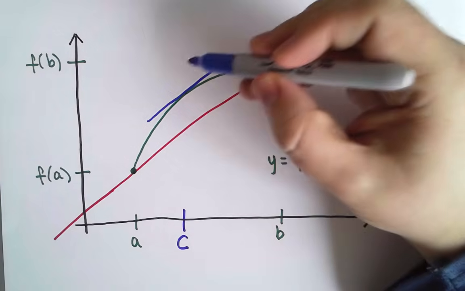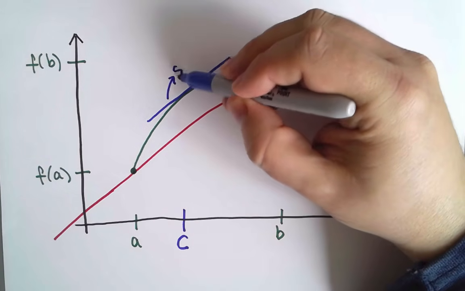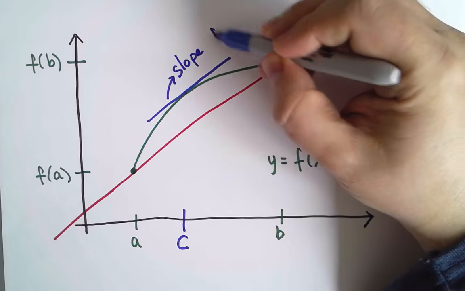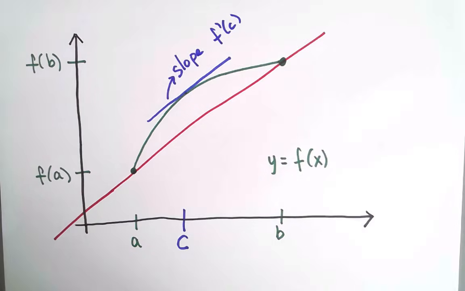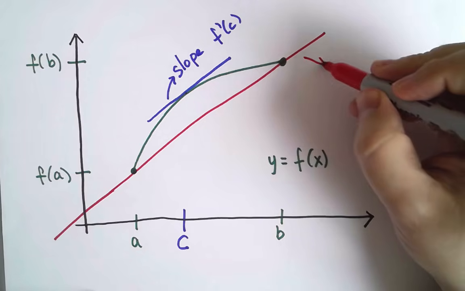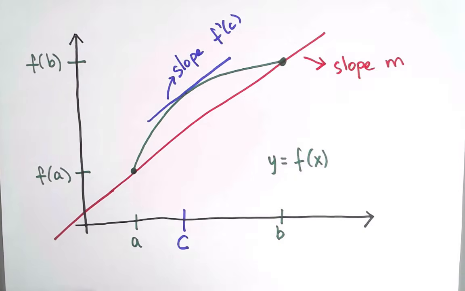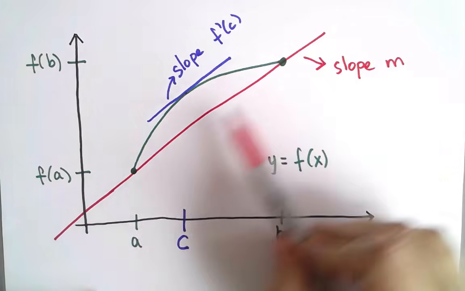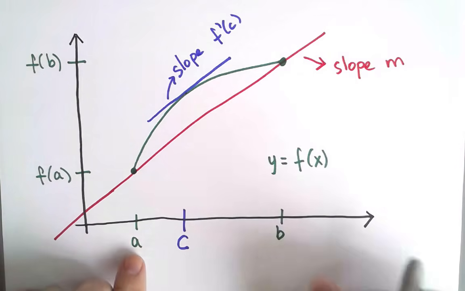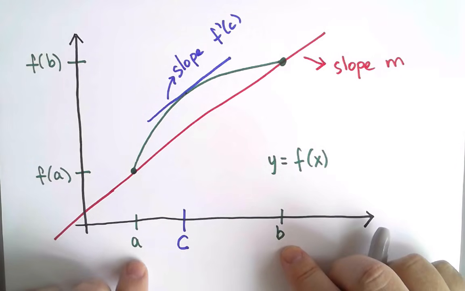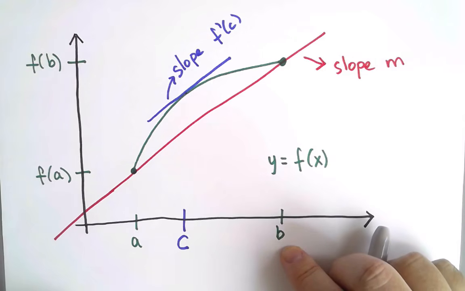Well, let's find out what those slopes are. The slope of the tangent line at this point is simply the derivative at that point. And as for the slope of the red line, let me call it m for a moment. I can actually compute it exactly. The red line is the line that goes through these 2 points, and those 2 points are the points with x-coordinate a and b in the graph, so I also know the y-coordinate.